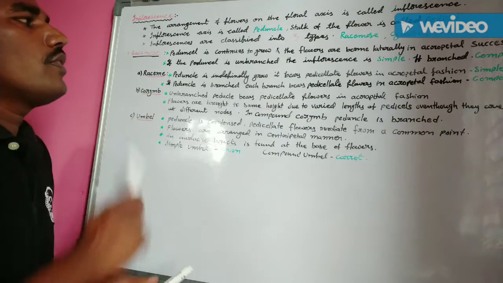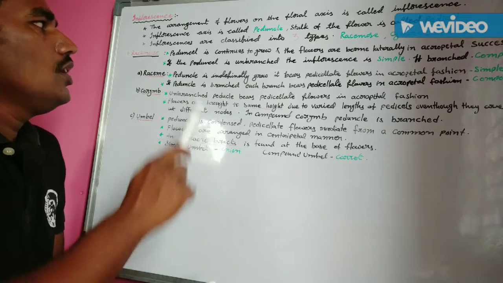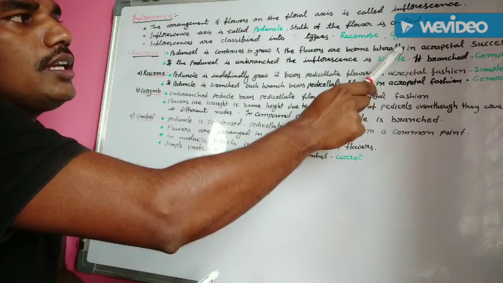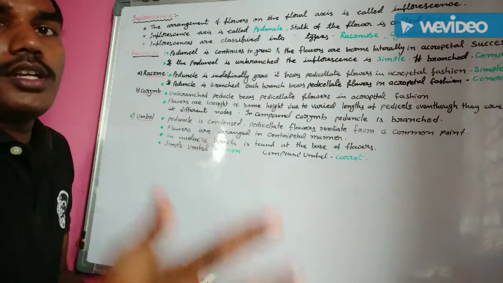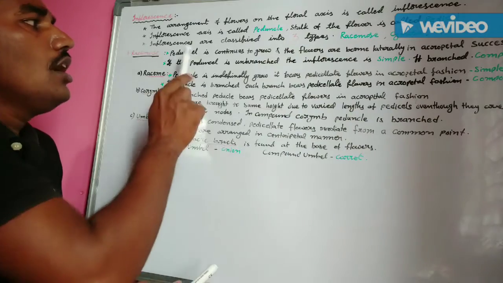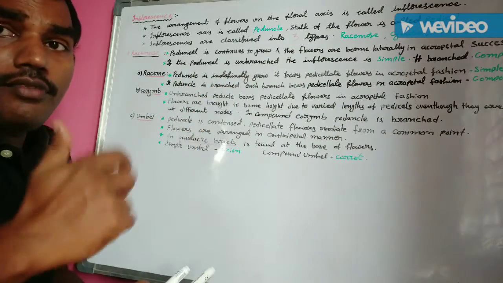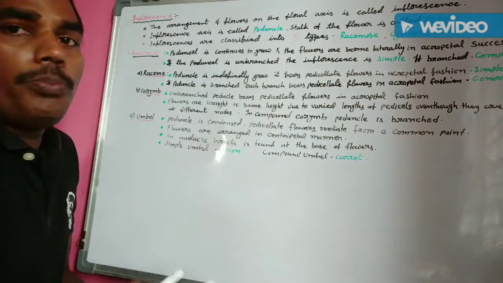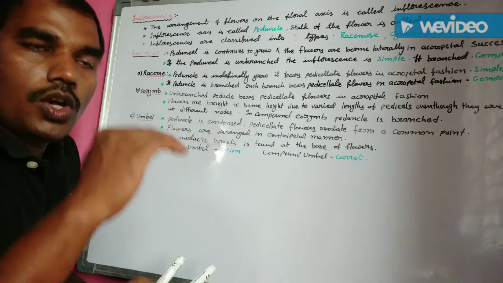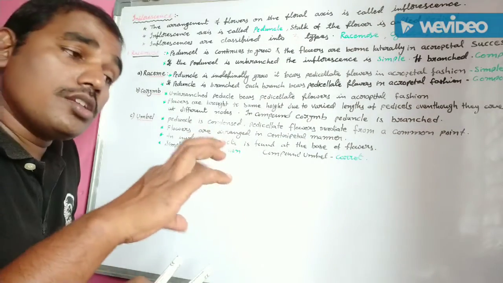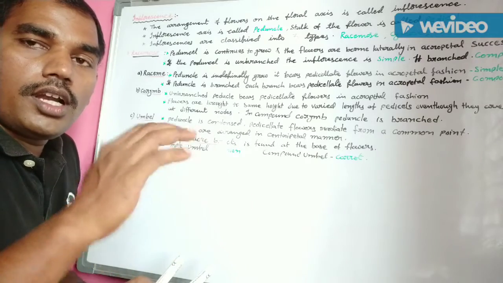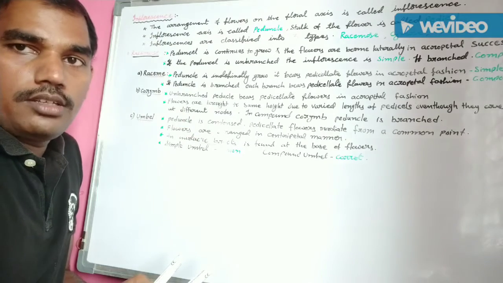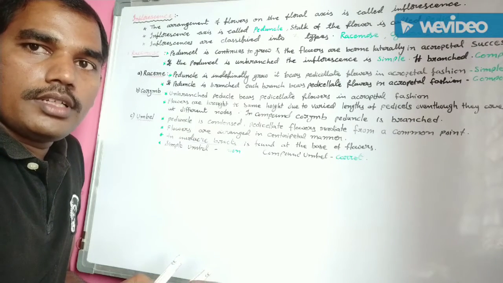First one is the racemose inflorescence. What is the racemose inflorescence? The peduncle continues to grow and the flowers are borne laterally in acropetal succession. First one, the peduncle is continuously growing. That means indefinitely growing. And flowers are borne laterally in acropetal succession. Acropetal means the lower side consists of blooming flowers and also fruit formation, and the upper region consists of young buds and initial flowers.